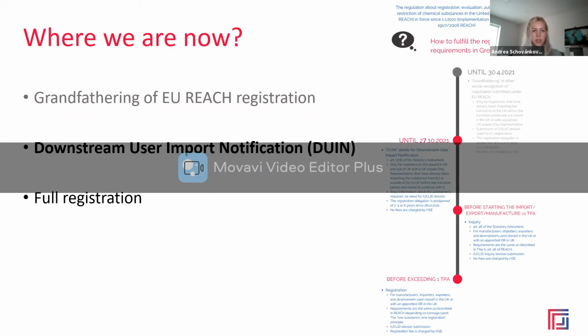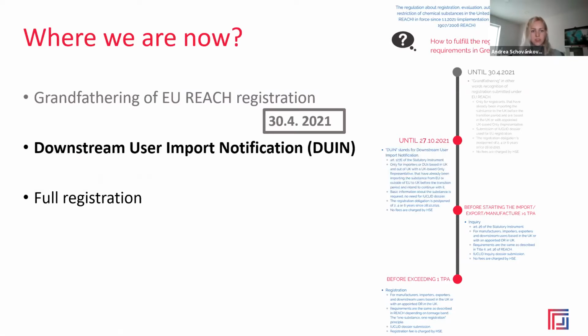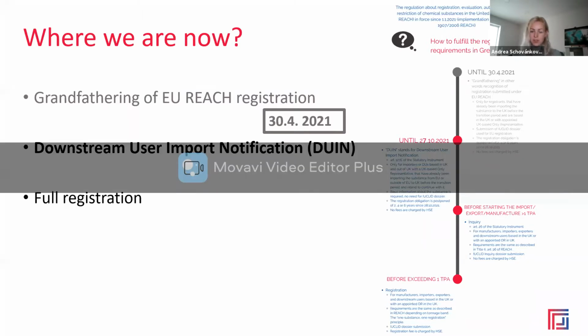Where we are now. We were covering the topic of grandfathering of European REACH registrations, which ended by the end of April this year, so this is not relevant anymore. What is now most relevant is the downstream user import notification, which has the deadline set on 27th of October.